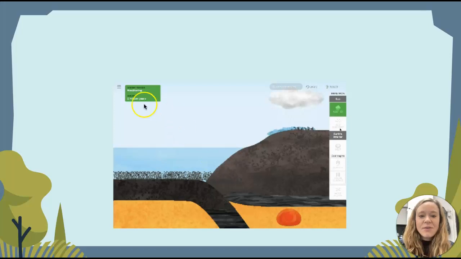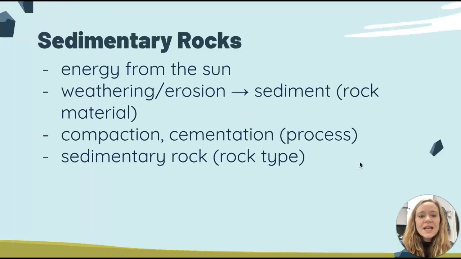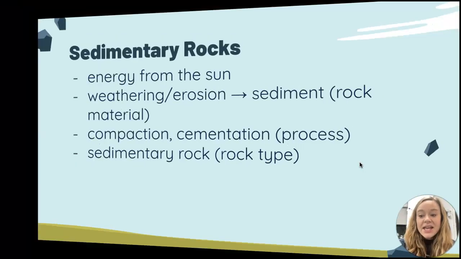Over millions of years, they settled down, compacted together and cemented together into a sedimentary rock. So we know that sedimentary rocks get energy from the sun. We have weathering, erosion with sediment material, and compaction, and then we get a sedimentary rock.